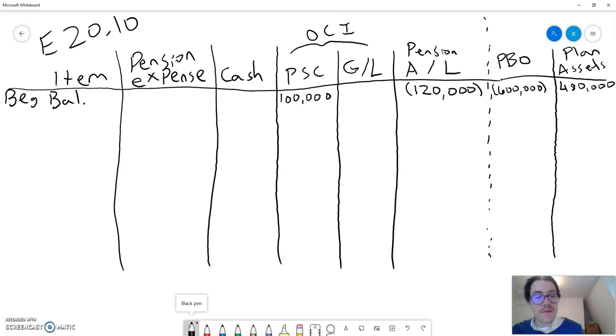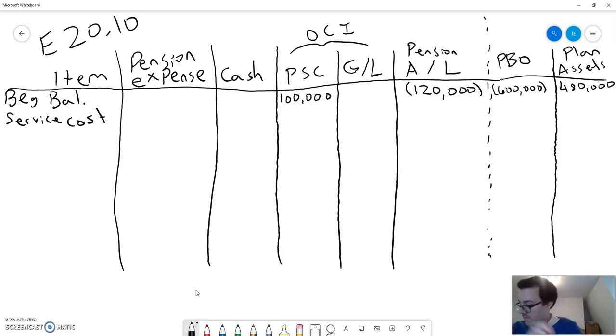You don't have any beginning accumulated gains or losses, though. All right. So with that beginning, let's get into the problem. I don't see any plan amendments, so I guess we'll just start with the service cost. Like the most straightforward thing to me.